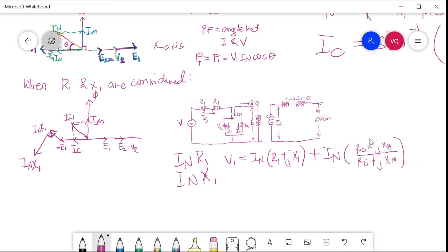As you can see, this quantity is equal to negative E1.